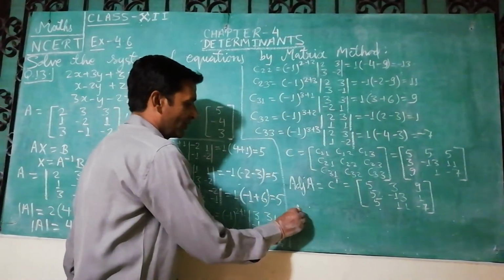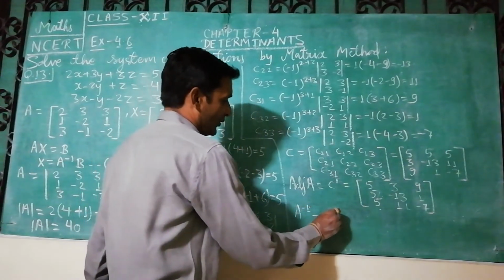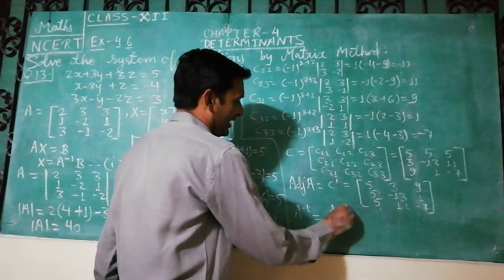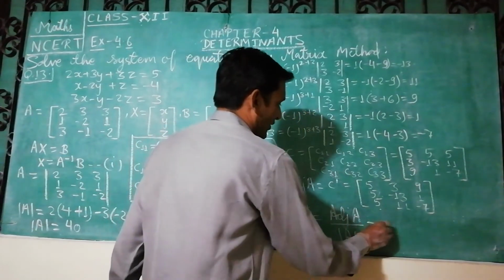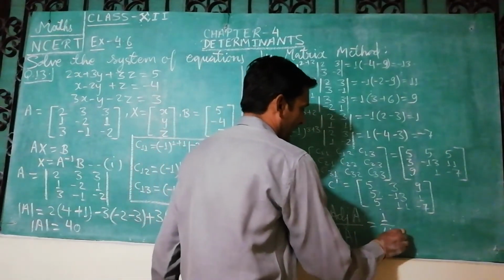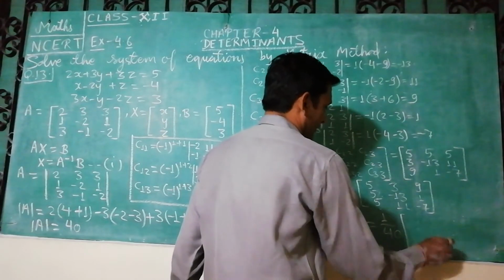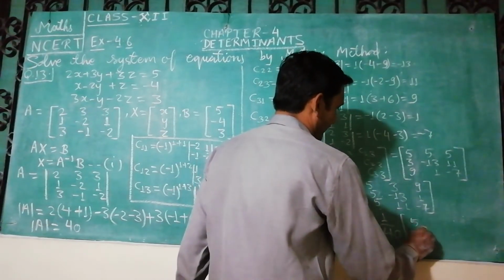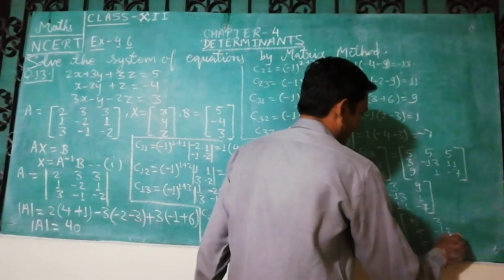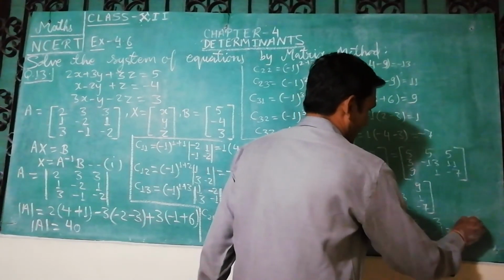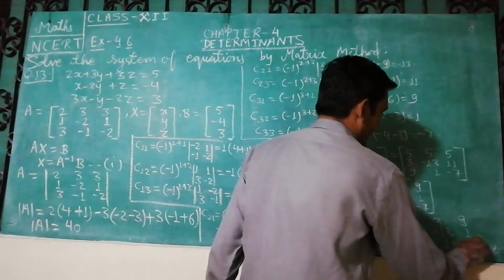So A inverse is equal to adjoint of A upon determinant A, which is equal to 1 upon 40 times the matrix 5, 5, 5; 3 minus 13 and 11; and 9, 1 minus 7.